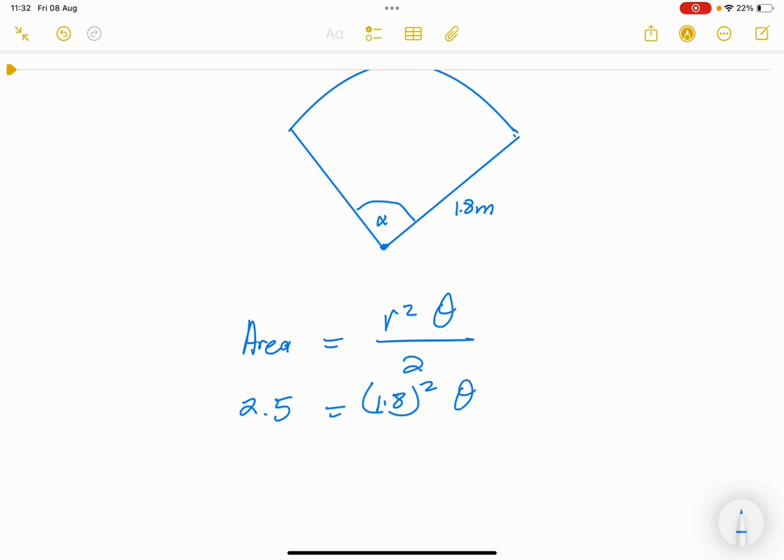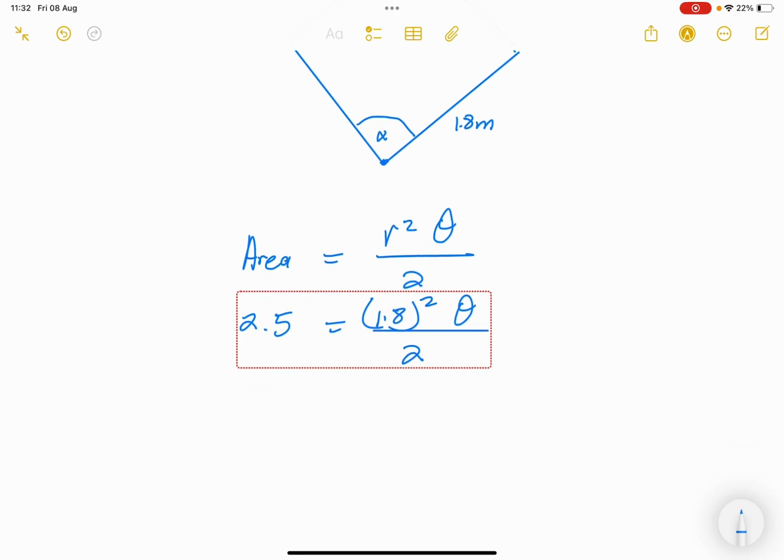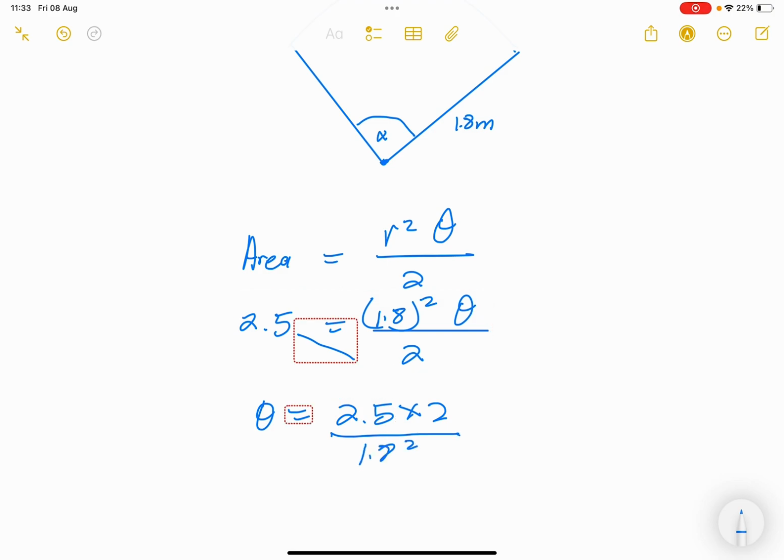Now remember that theta is in radians, so we still need to convert that to degrees. Let's try and calculate for ourselves. If we cross multiply, theta would be 2.5 multiplied by 2, divided by 1.8 squared.